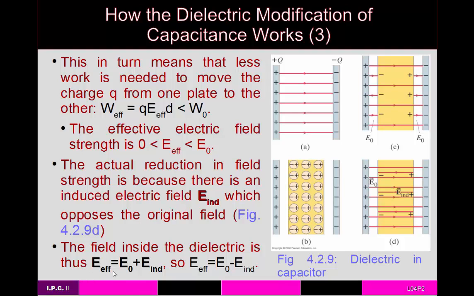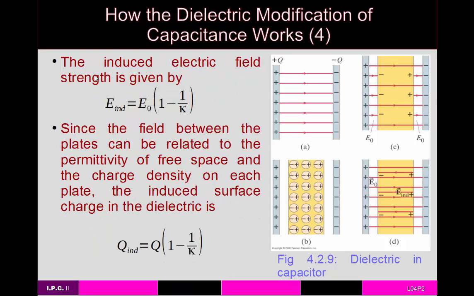So we can write basically that the effective field inside of the material is E naught, the original field caused by the pair of parallel plates, plus E induced, which is this induced field caused by the orientation of all the dipoles in the molecules making up the material. And so the effective electric field, we might write, since these are in opposite directions, the magnitude becomes E naught minus E induced.